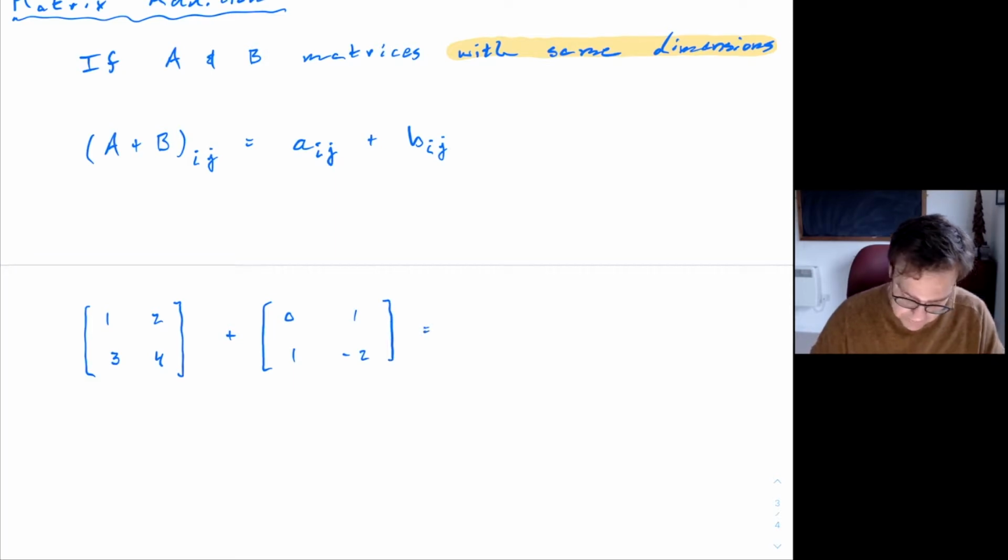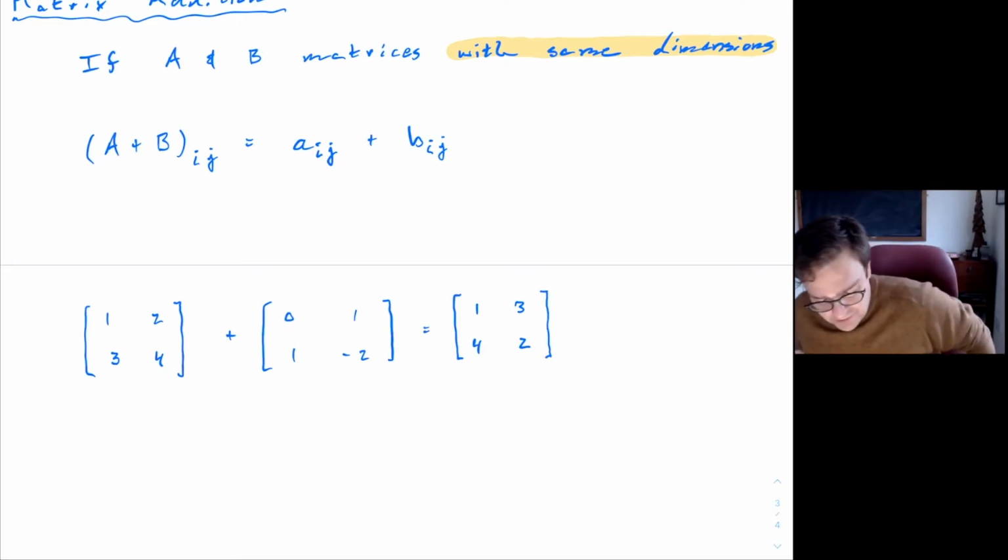Right, and so what do we get? The output is also going to be a 2 by 2 matrix. And the first element, so we're going to start to build it here, is this guy plus this guy. So that's 1. And the second element is this guy plus this guy. So that's 3. And so on. And so we got 4 and 2.